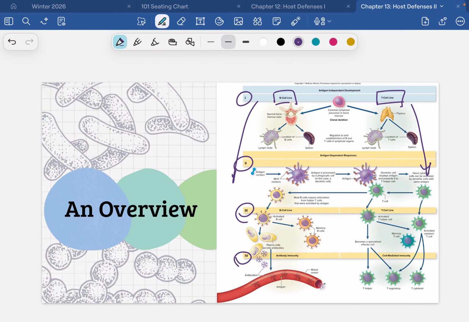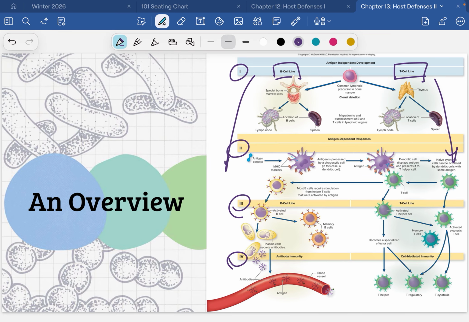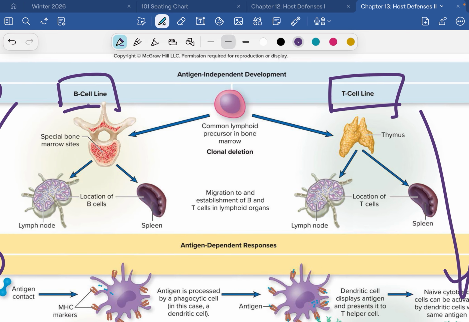But this is a great diagram to come back to and rearrange it all for yourself, or I guess it's like a really good outline of what we're going to talk about. Okay, it's a really good picture that shows everything that happens in this process in one picture. And again, the key things in this image for now are that we have 2 separate types of lymphocytes, right? We have the B cell side and we have the T cell side.